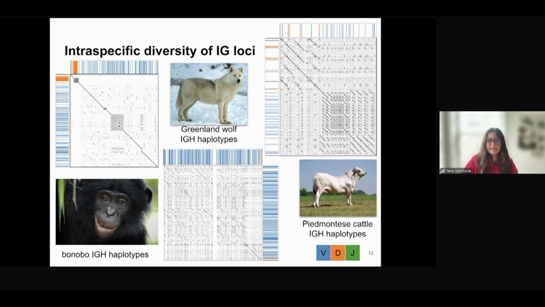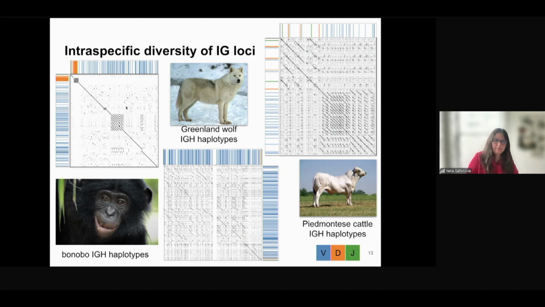But the similarity can look different, and even for species with highly controlled inbreeding programs, we can also see very significant diversity. For example, this is a Piedmontese cattle, also paternal haplotypes, and here you can see that they differ a lot, and they are also characterized by different numbers of repeat copies.